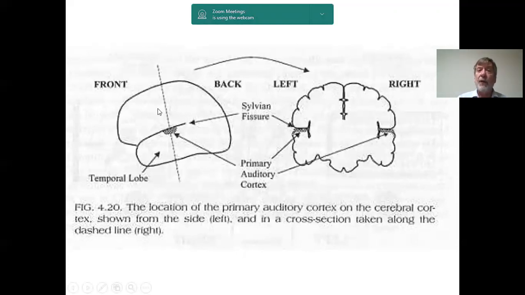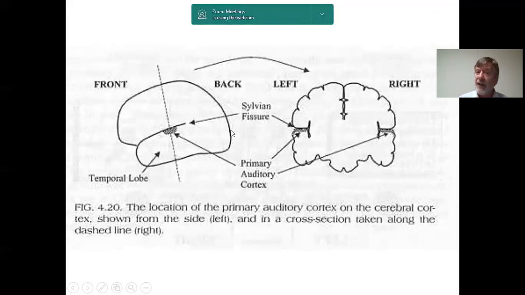The parietal lobe, right where I'm circling here, deals with integration of all kinds of information, sensory, motor information. It's where stuff kind of comes together. The front is what you're going to do about it, your executive functions kind of. Here's an integration area of all kinds of information.